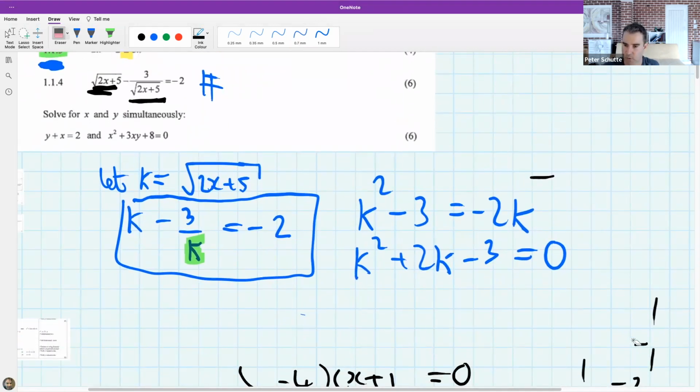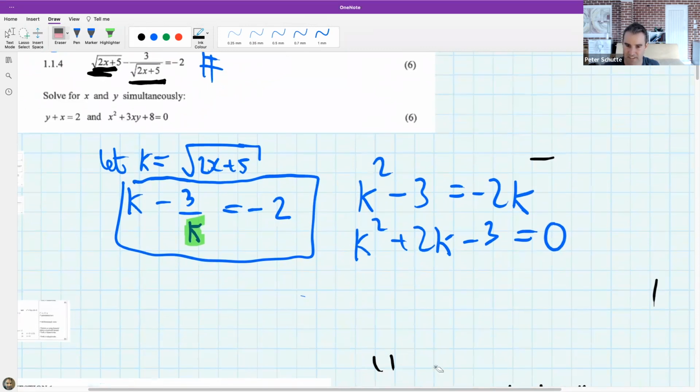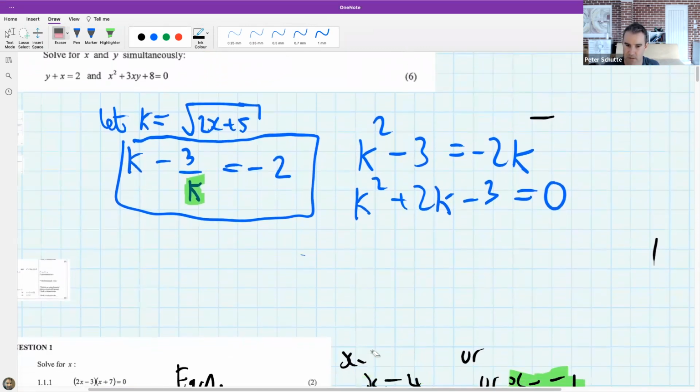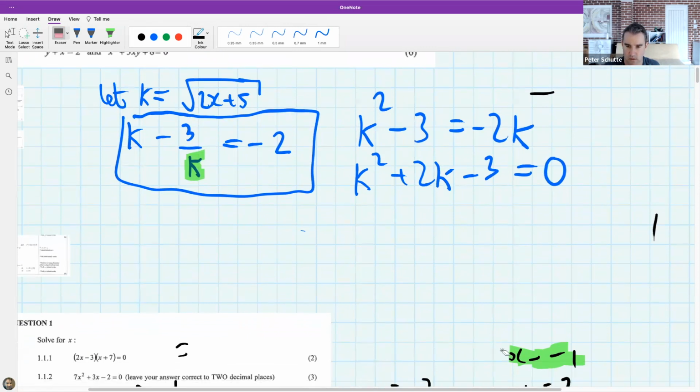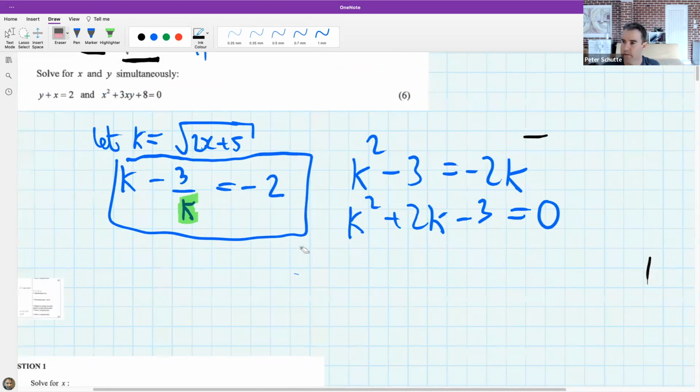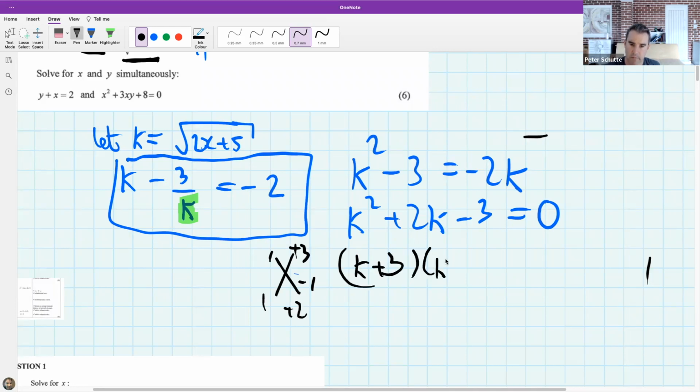Don't mind me while I clean the board. Okay, so k is minus 3 and k is 1.